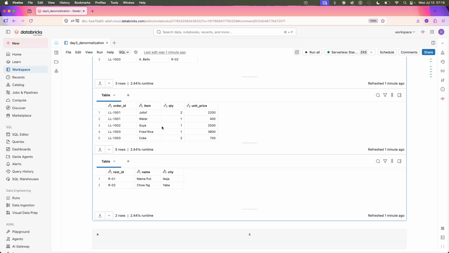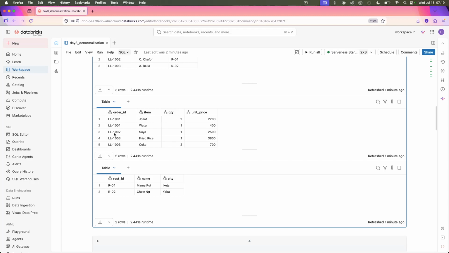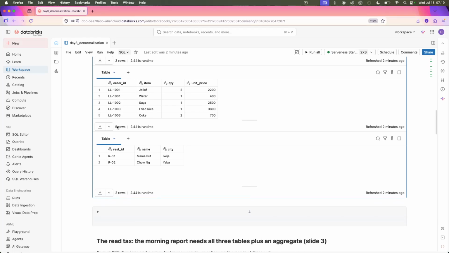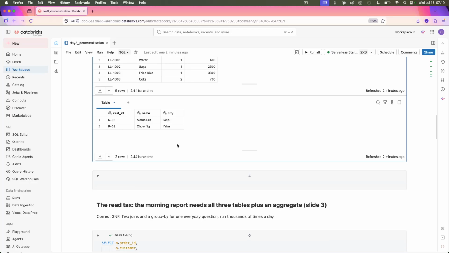Then we have a partial dependency in that particular case, right? So that's that case. So the quantity and the unit price depend on the combination of these two to uniquely identify one order line item. Then we have the restaurant ID, which is the restaurant table, mama put and chow.